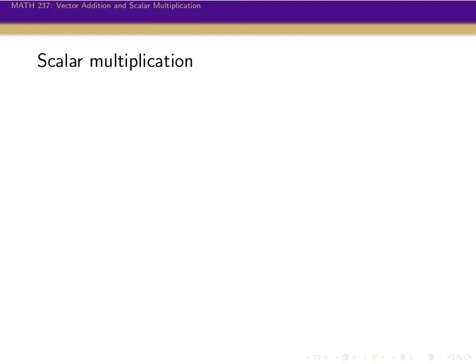Okay, so let's talk about what's called scalar multiplication. So we now can add vectors together. And so if I have a vector v, one vector I can add it to is itself and get a new vector that's v plus v.